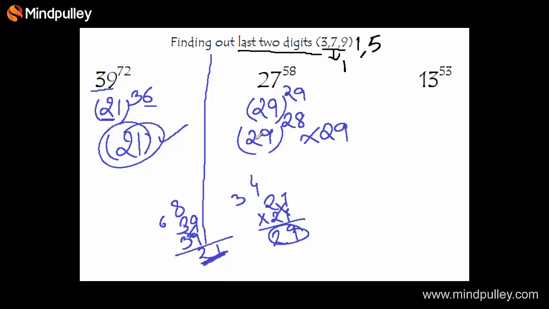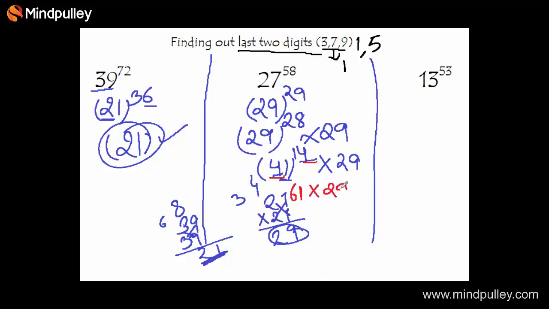Now 29 power 2, what is the answer? We have 41, because we require 2 digits, and 28 half is 14, times 29. Now we end up with 1. Now 4 times 4, I will pick another color to highlight this. 4 times 4 is 16. We take 6 here, and the last digit is always 1, times 29.